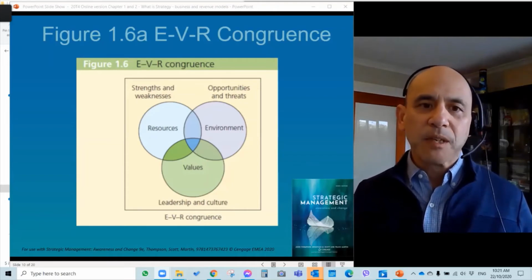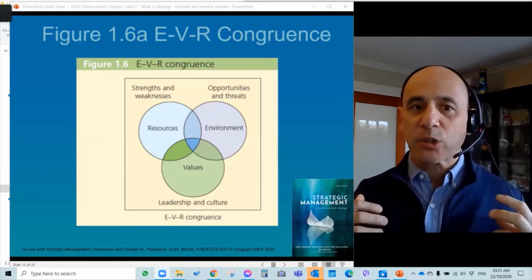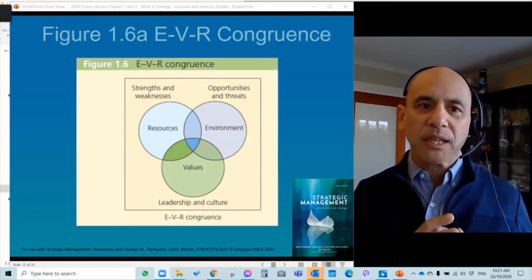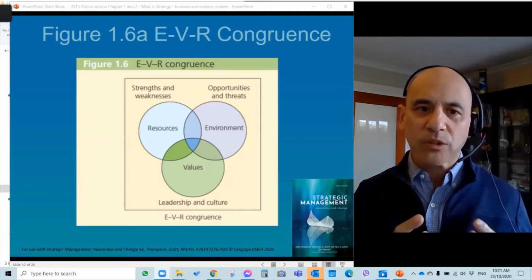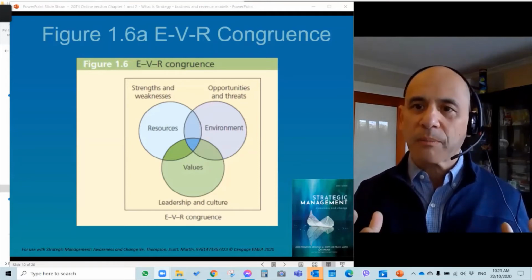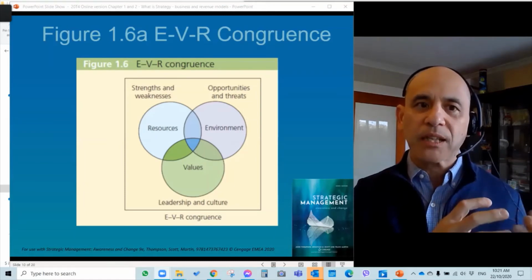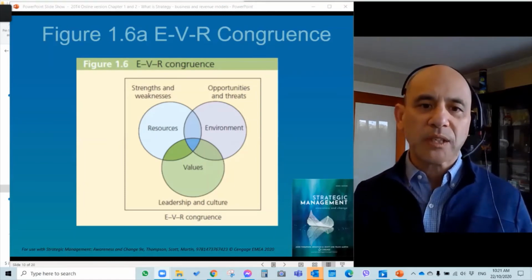So again, it's just an interplay between the external environment and the internal environment. The internal environment in the EVR model is actually composed of the values of the company or the culture of the company and its resources, again, which forms the strengths and the weaknesses.